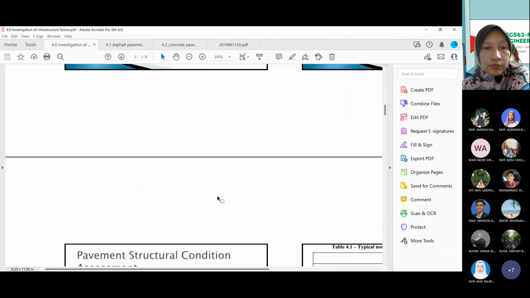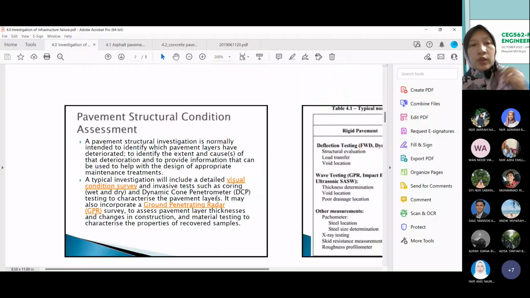So back to here. For the pavement structural condition assessment, because we also need to do monitoring and controlling, the assessment can be done by having a visual condition survey, and invasive tests such as coring, wet and dry, and dynamic cone penetration testing to characterize the pavement layers.